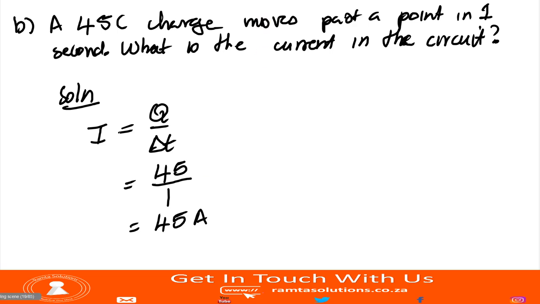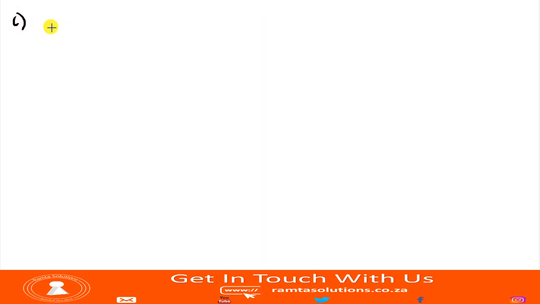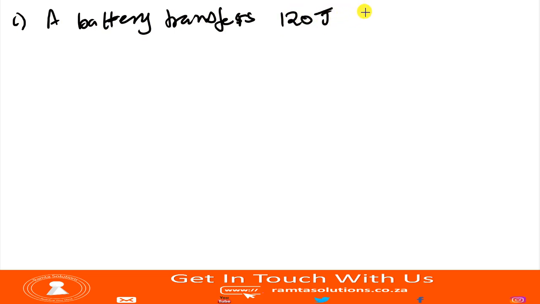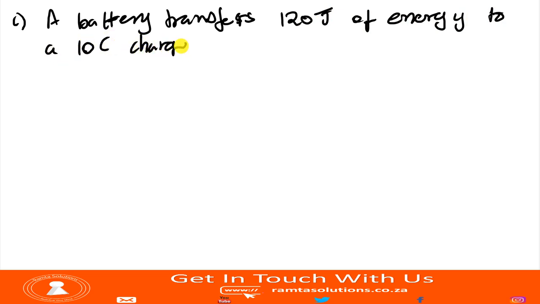Now, number C. Let's try number C. A battery transfers 120 joules of energy to a 10 coulomb charge.